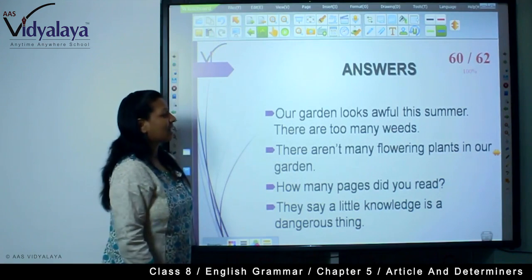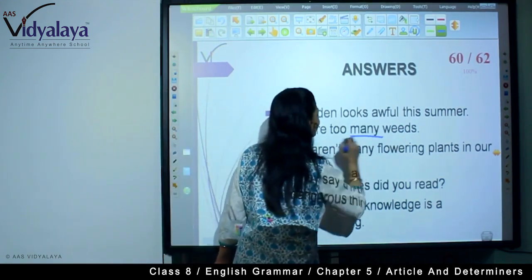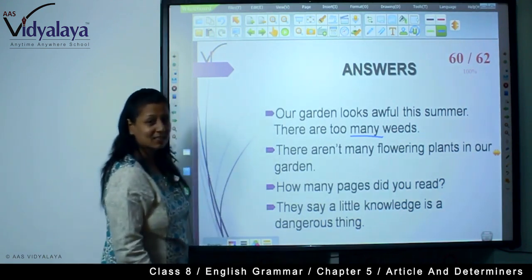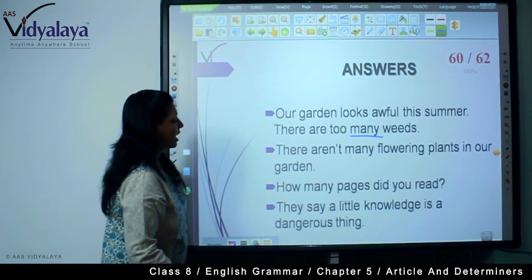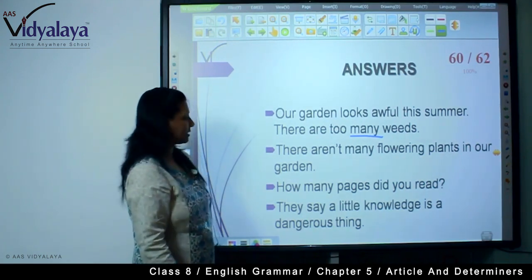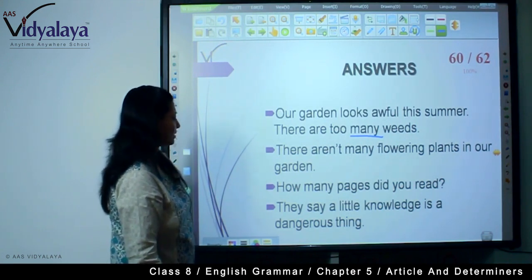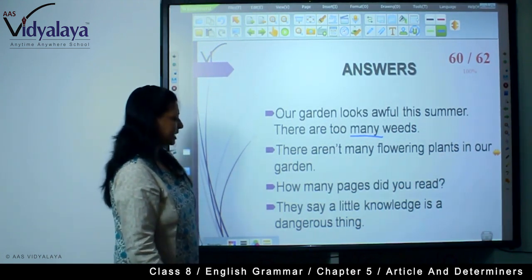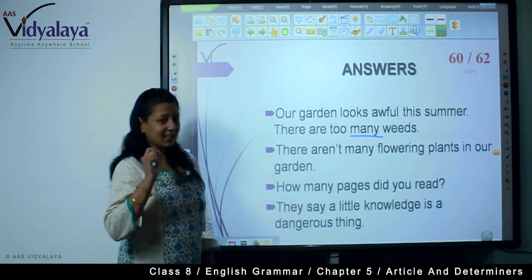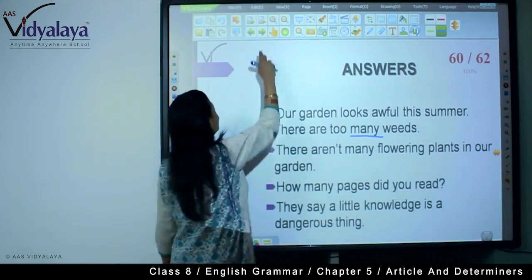So here it is, the garden looks awful this summer. There are too many weeds. Why are there too many weeds? Because weeds is a countable noun. We can count it, many. There aren't many flowering plants. How many pages did you read? They say a little knowledge, because knowledge is an abstract noun, a little knowledge.